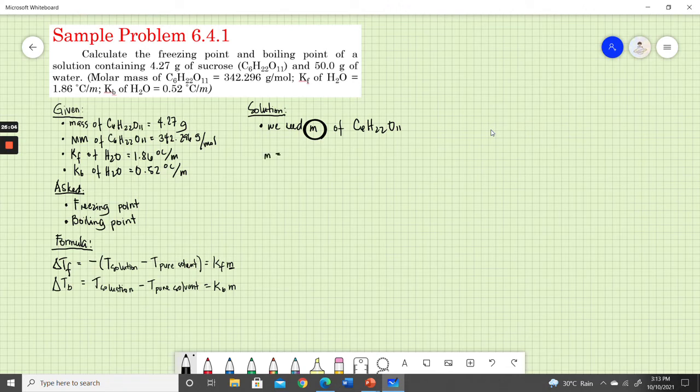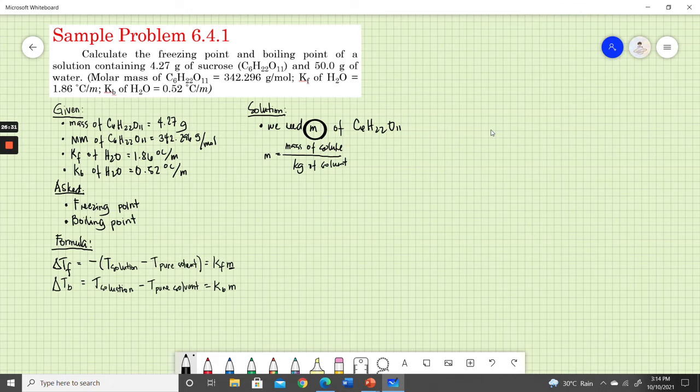kung naalala ninyo yung equation for molality is the moles of solute divided by the kilogram of solvent. In this case, they gave us the mass of the solute. Moreover, they also gave us the solvent but in grams.